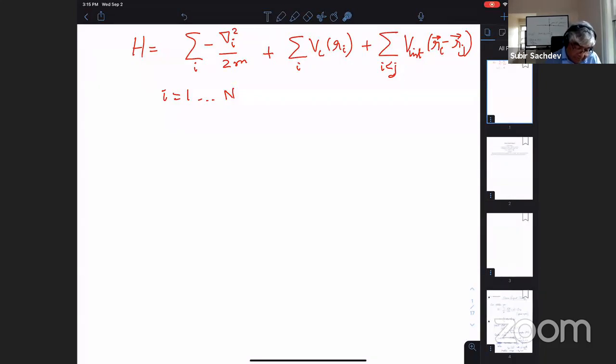And some lattice potential, so these could be electrons moving in some lattice. So this is some periodic potential for most of the course. And then some interactions between them. And we want to understand the set of possible phases of a Hamiltonian of this type.